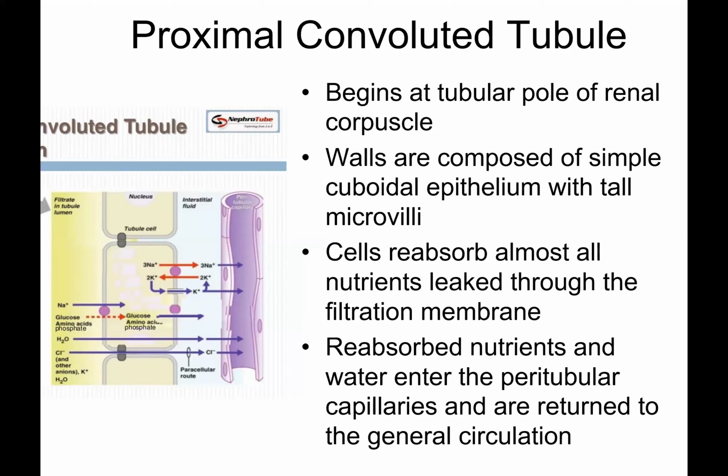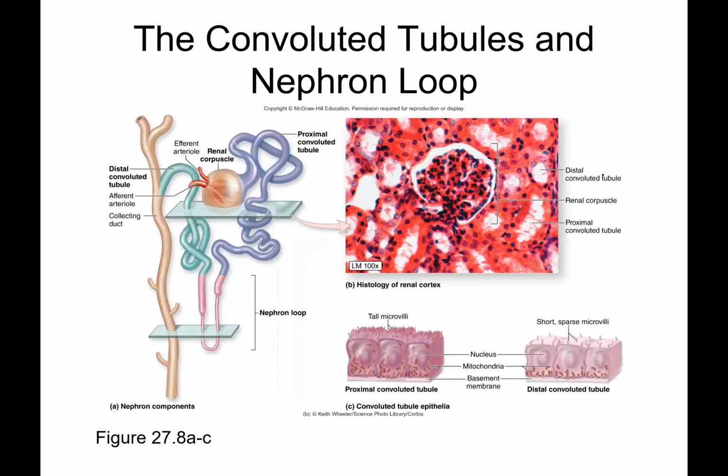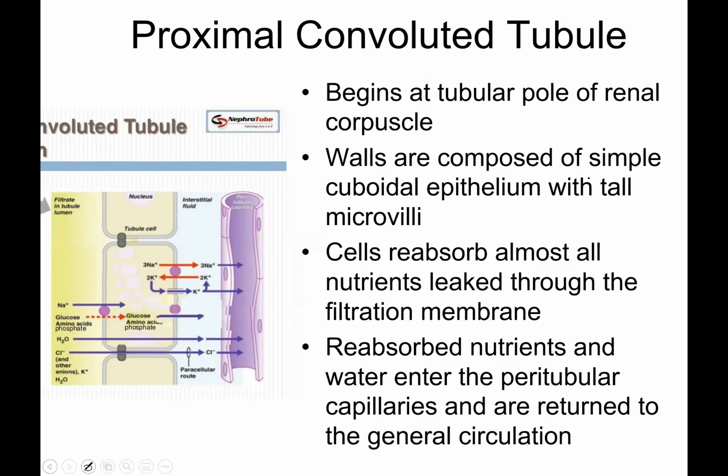Okay. In the proximal convoluted tubule, we have some pretty thin tissue, the simple cuboidal epithelium.